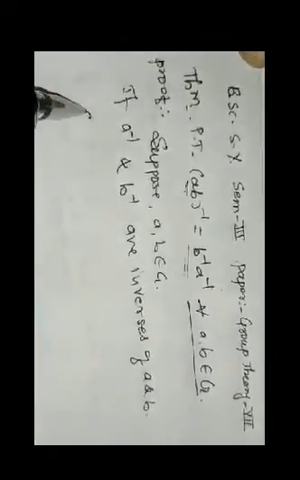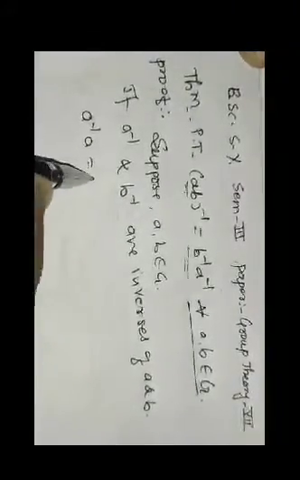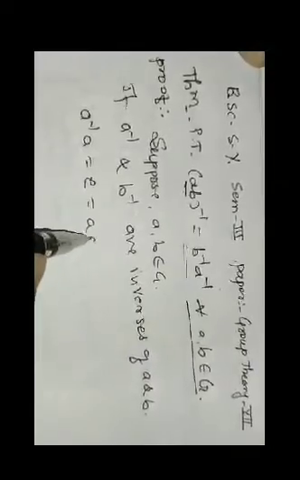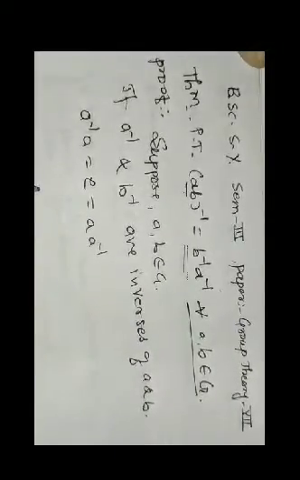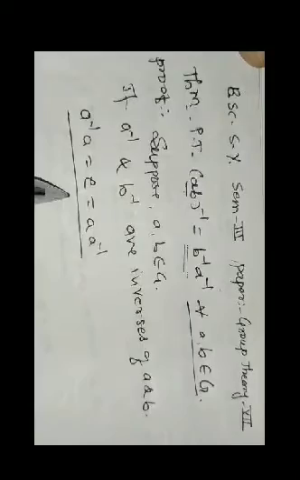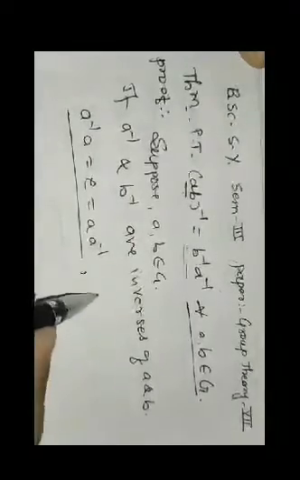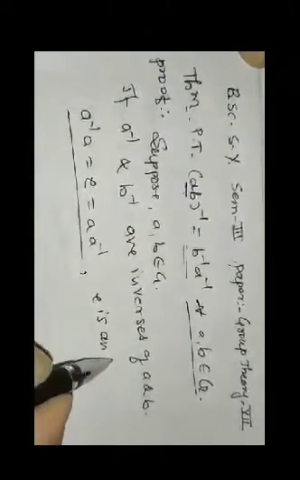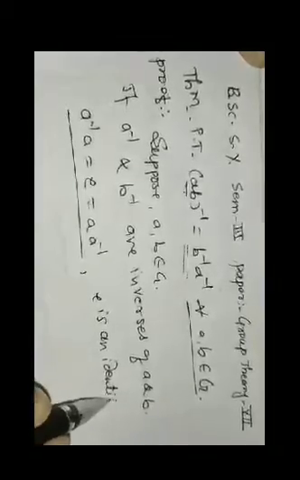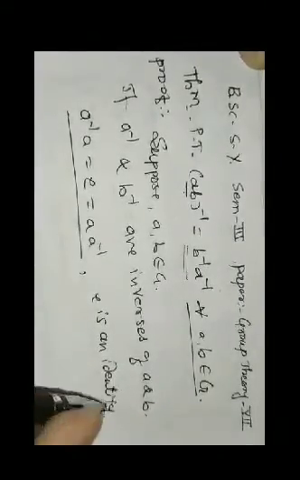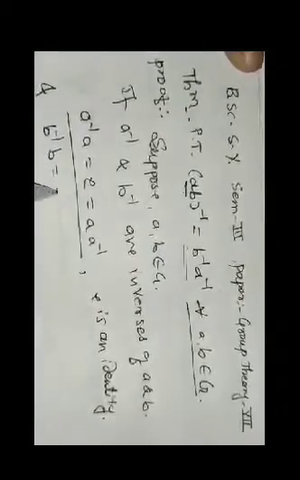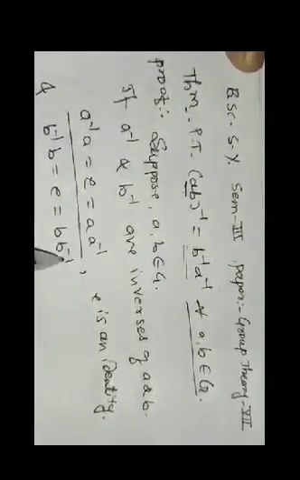Then A inverse A is the identity element E. Similarly, B inverse B is equal to E is equal to B into B inverse.